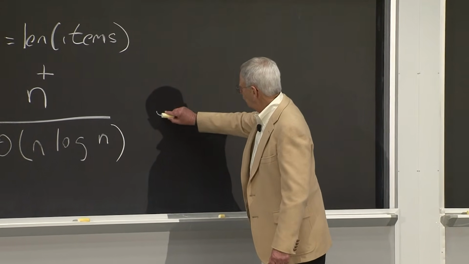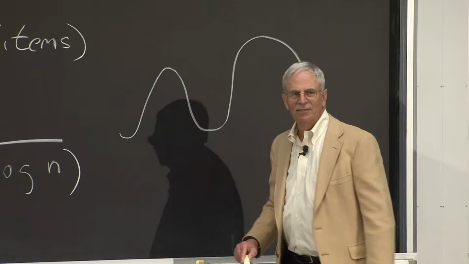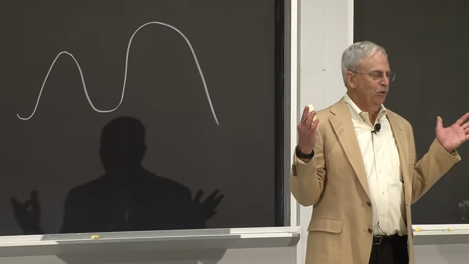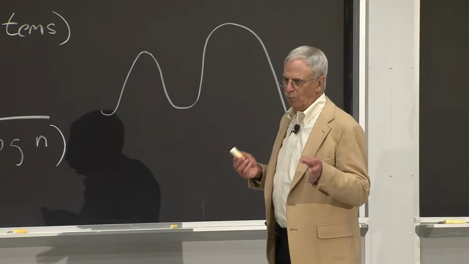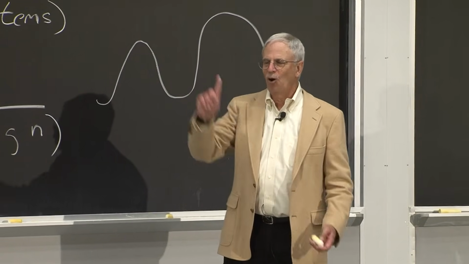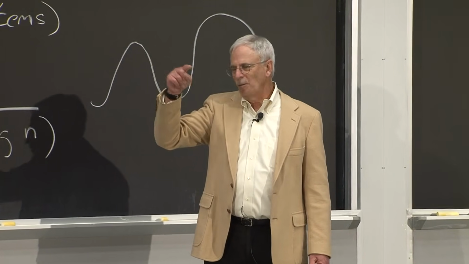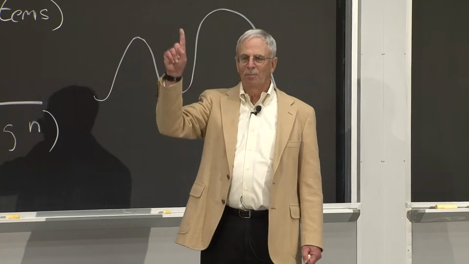So imagine you're in a terrain that looks something like this, and you want to get to the highest point you can get. So you might choose, as a greedy algorithm, if you can go up, go up. If you can't go up, you stop, right? So whenever you get a choice, you go up.